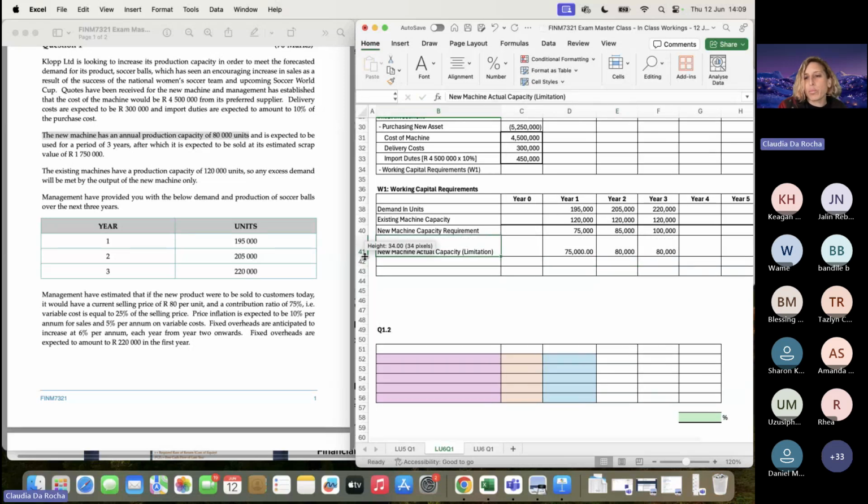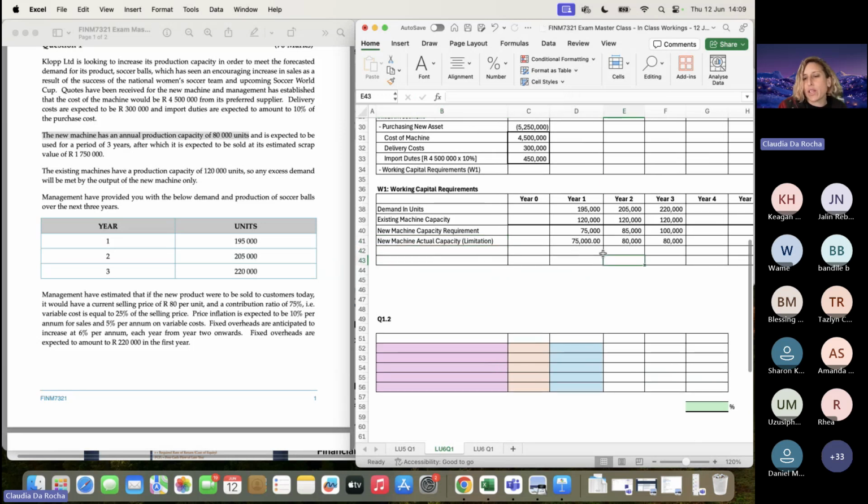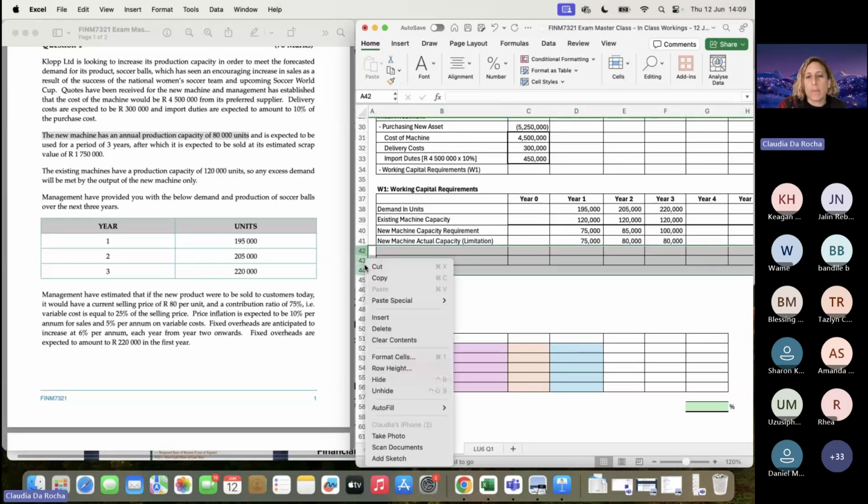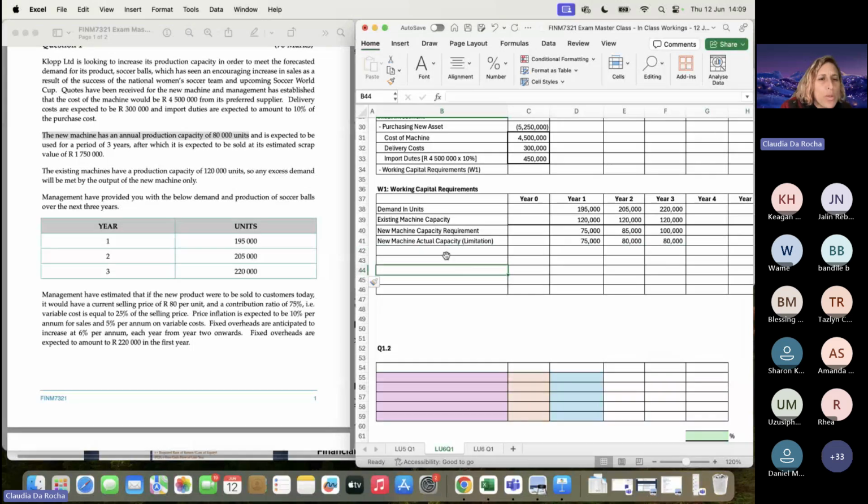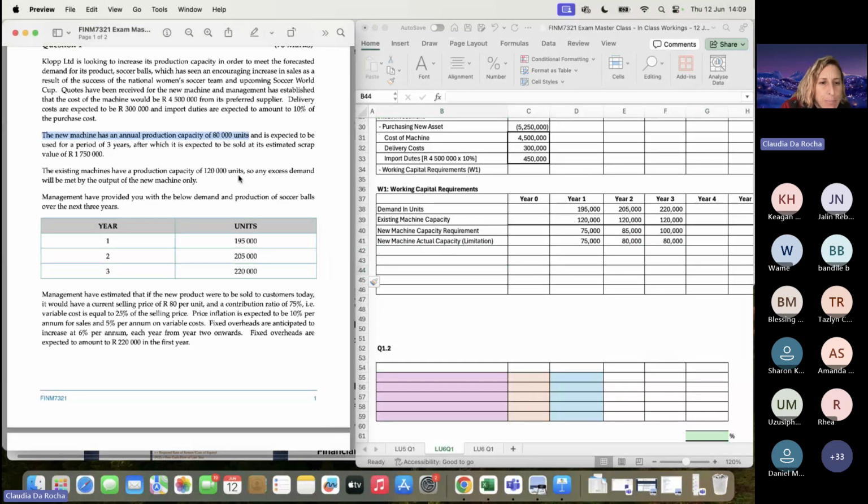So we can only produce that, nothing more. Obviously if we had another machine, we'd be able to make it happen, but there's nothing else. This is all that it has. Perfect. Now we can start calculating what our working capital requirements are. We know that our contribution ratio is 75%, so variable cost is equal to 25% of selling price.